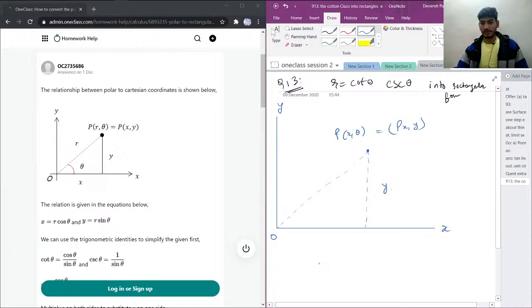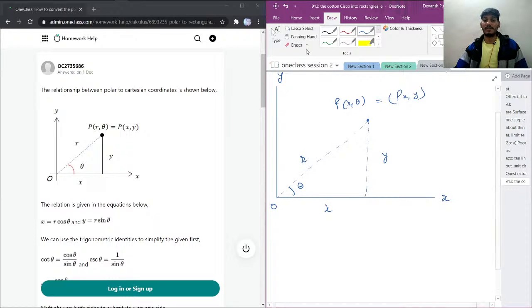So this is going to be my y distance and this is going to be x, and here this is r and this is theta. Using trigonometric relations, cosine of theta is x over r, and sine of theta is y over r.